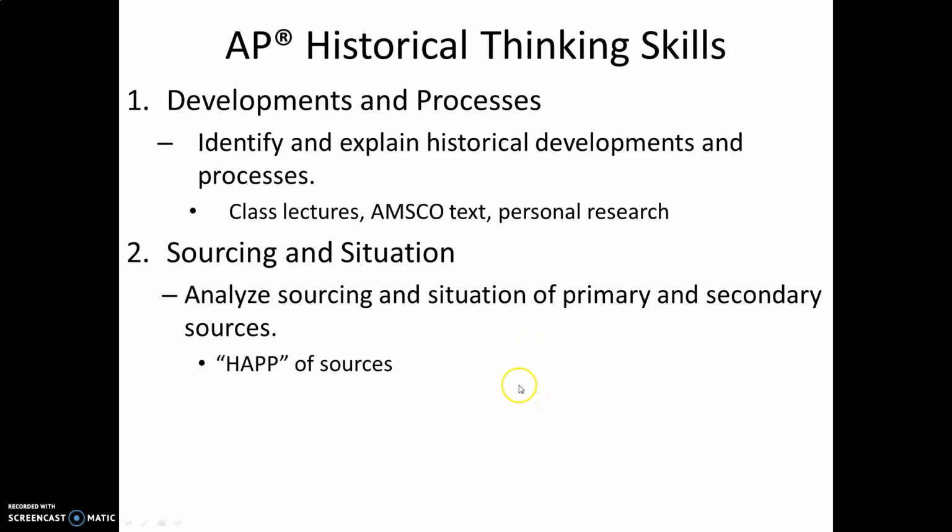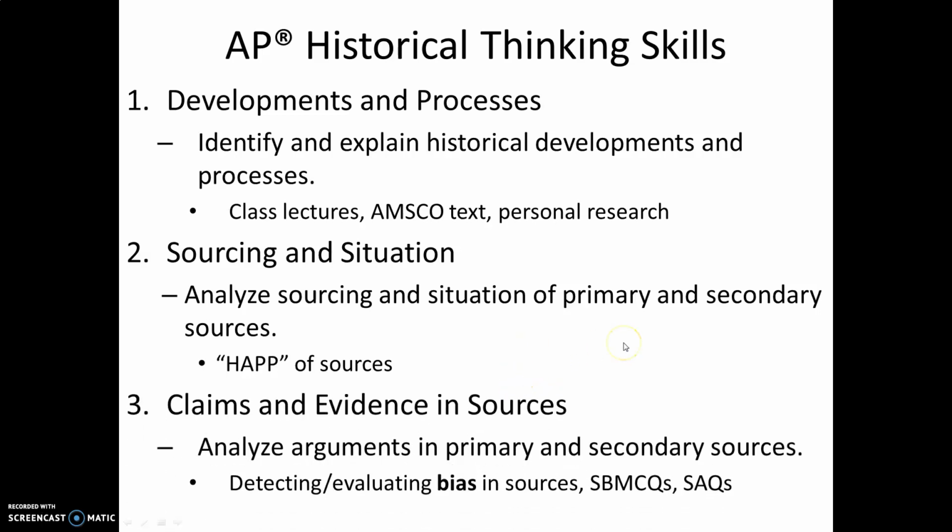Now, somewhat related to skill number 2 is skill 3, claims and evidence in sources. Analyze arguments in primary and secondary sources. Sourcing and situation really gets into what is it? What's the context? Who's speaking? Why did they do it? What's their perspective? Claims and evidence is about bias.